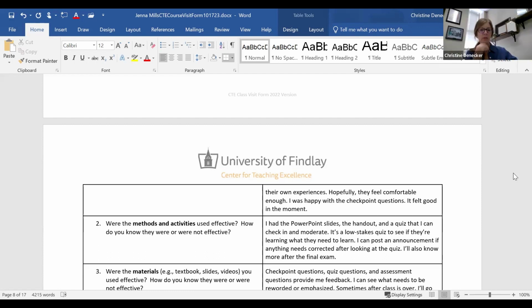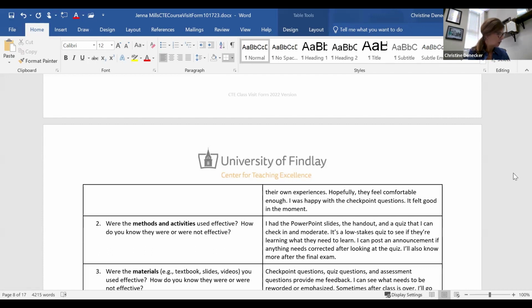All right, so I'm looking at number 2, were the methods and activities you used effective, yes or no. We have our answers. Do we feel like we need to add that anywhere?